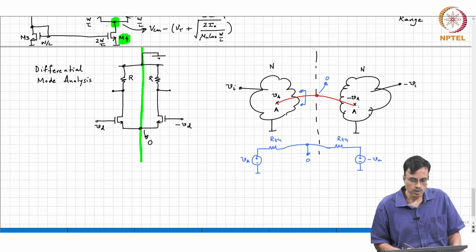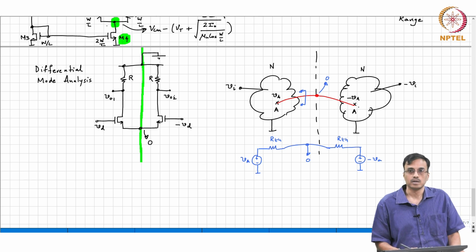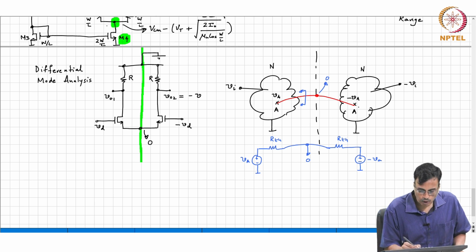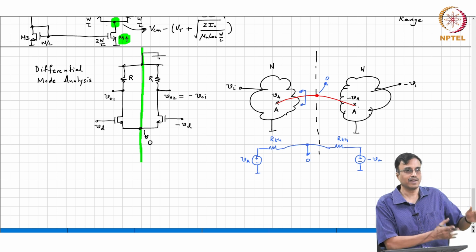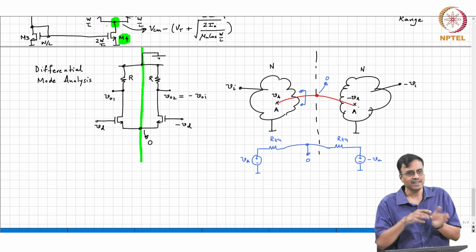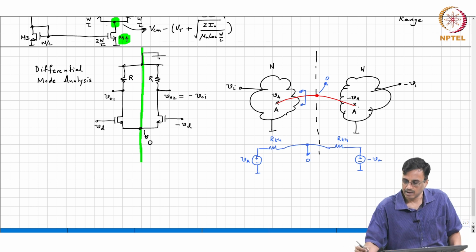If that is 0, and let us call this VO1 and VO2, what comment can you make about them? They will be equal and opposite. So, there is no point in solving the left side and the right side, you can only solve one side, and the voltages on the other side will simply be the negative of this.